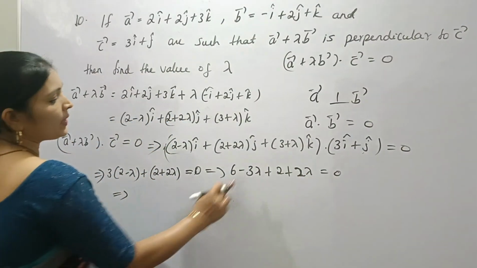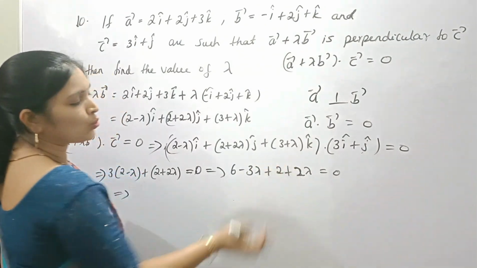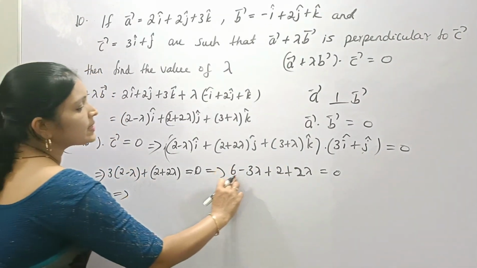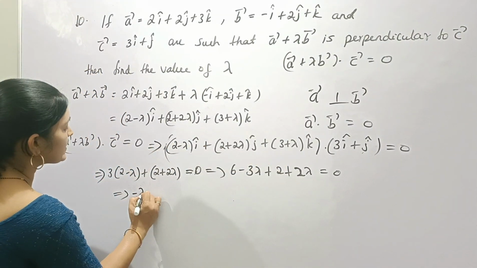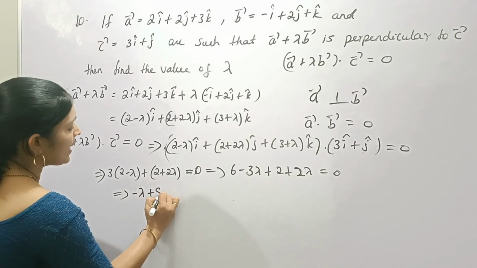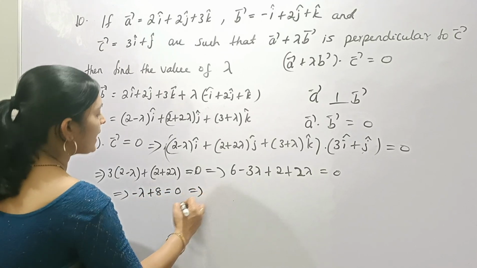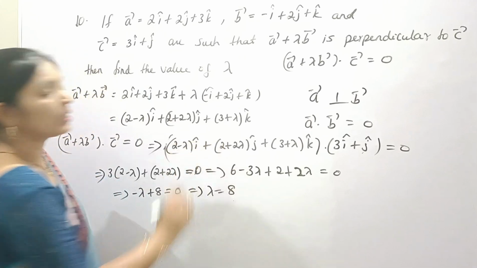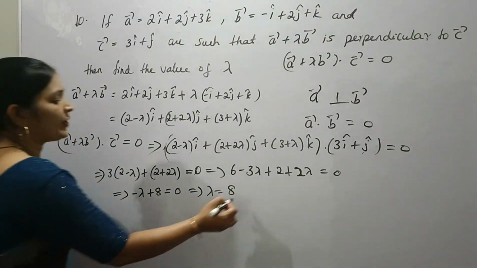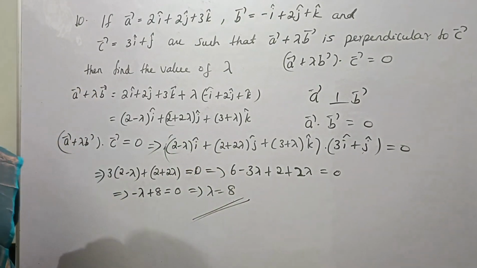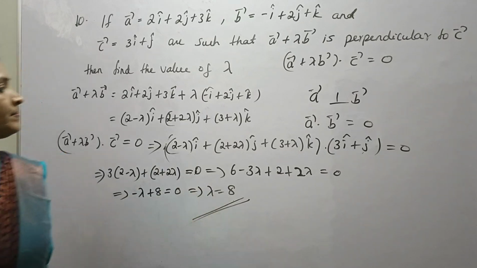That implies minus 3 lambda plus 2 lambda, that is minus lambda. 6 plus 2 is 8. So minus lambda plus 8 is equal to 0. That implies lambda is equal to 8. So we have got the value of lambda is equal to 8.